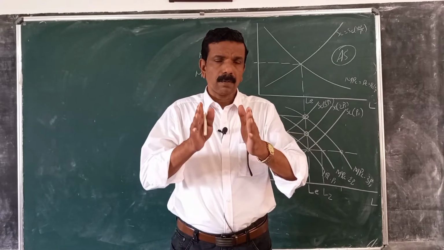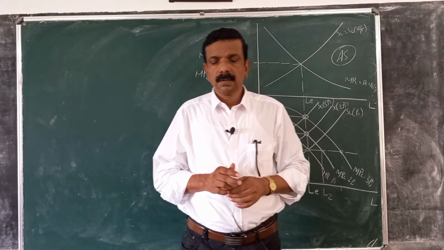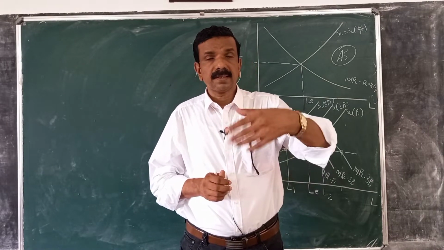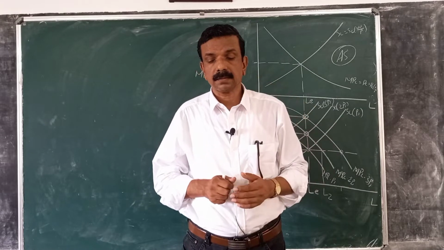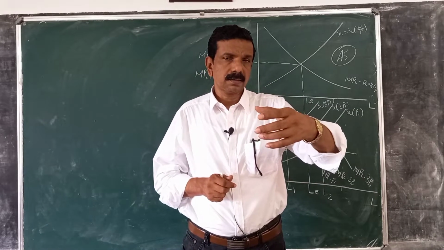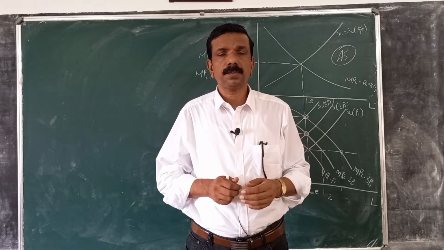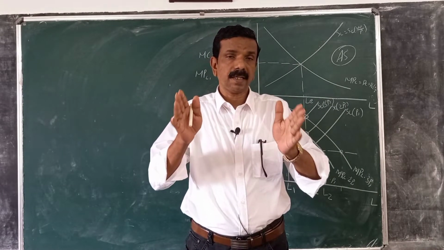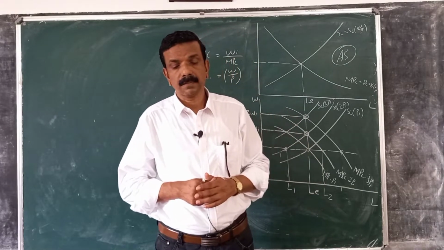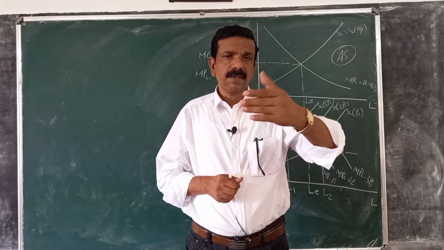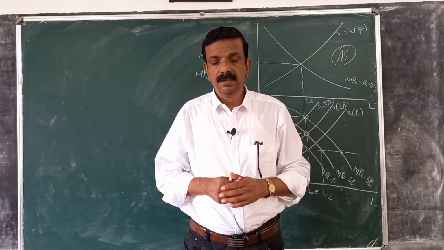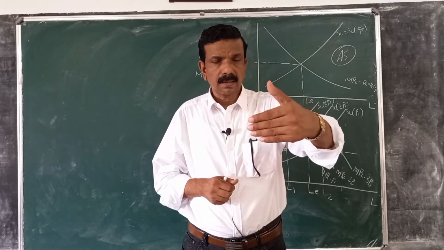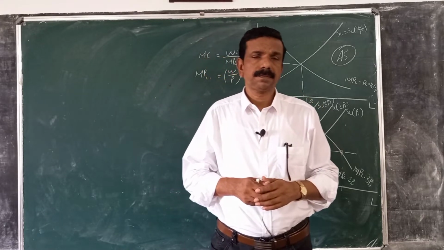For a competitive firm, money wage is given when it decides the quantity of labor to purchase and the optimum quantity of output to be produced, because a competitive firm by assumption is a price taker. So, for a firm, money wage is assumed to be fixed and the supply curve is positively sloped.